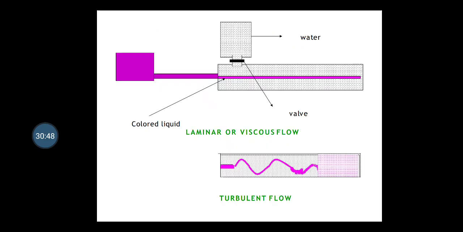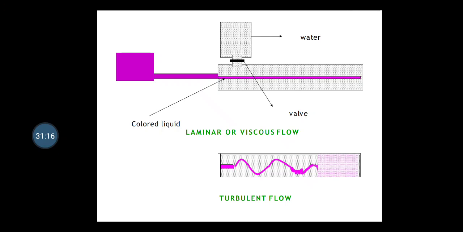So this is your exact diagram. It may be different in your textbook. To know much more about this Reynolds experiment, you will have to refer to some reference material for a better diagrammatic representation.